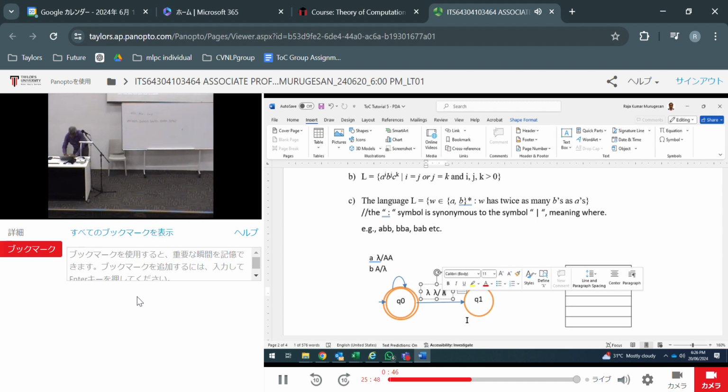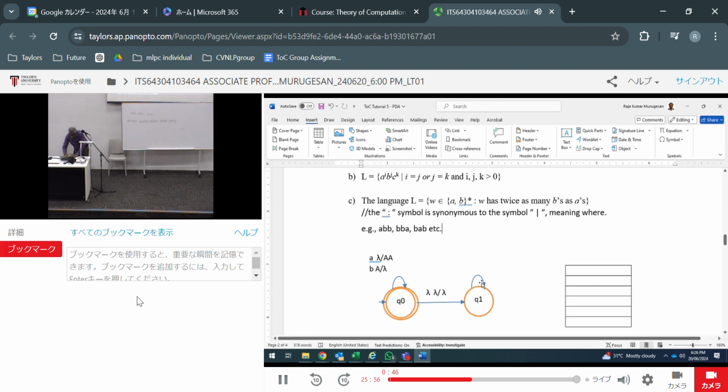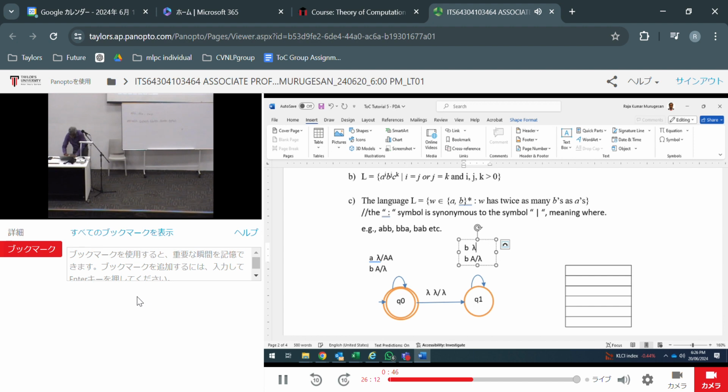At Q1, I am going to process BBA. B means push 1 B, and A means pop the B. So B means I am pushing B onto the stack.